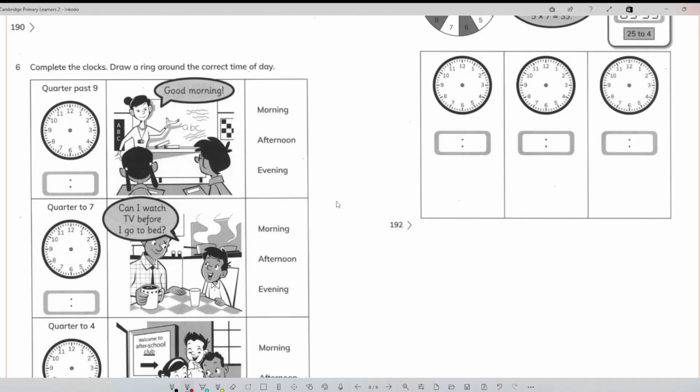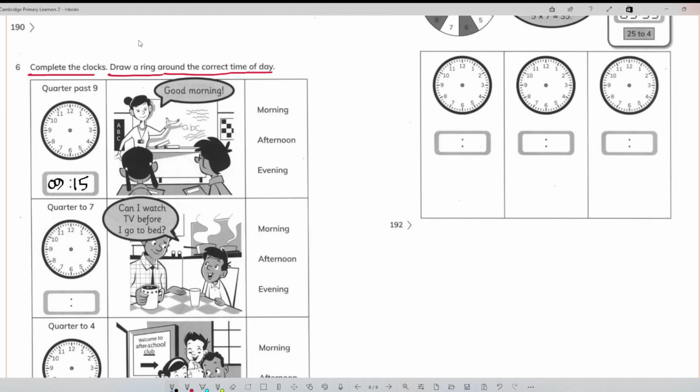Next one, this is a very interesting thing. Complete the clocks. Draw a ring around the correct time of day. So first, quarter past 9. Past means it has already happened. It means 15. Why 15?